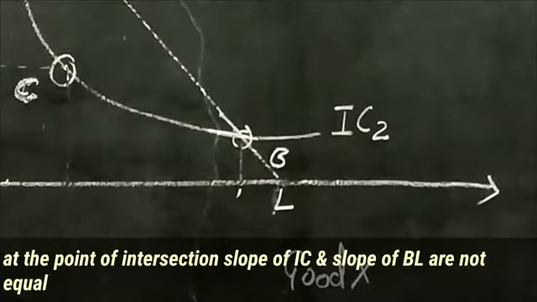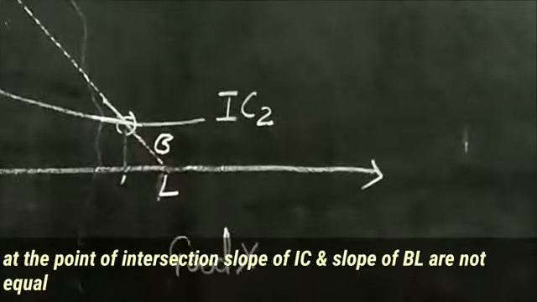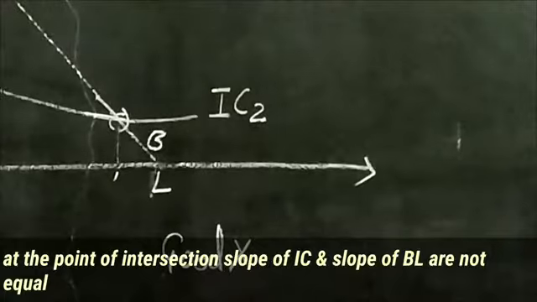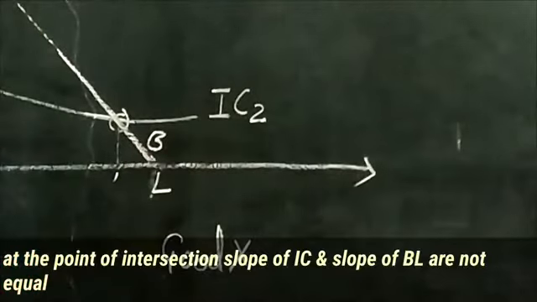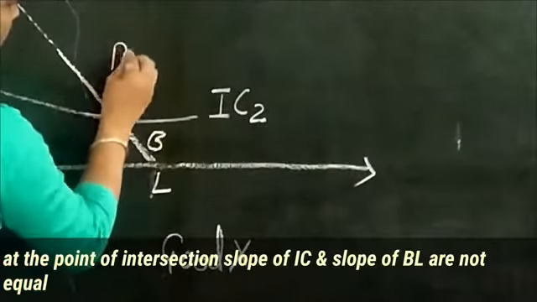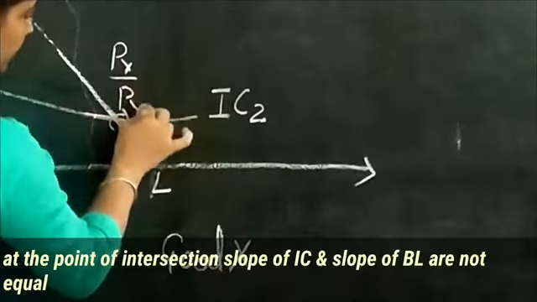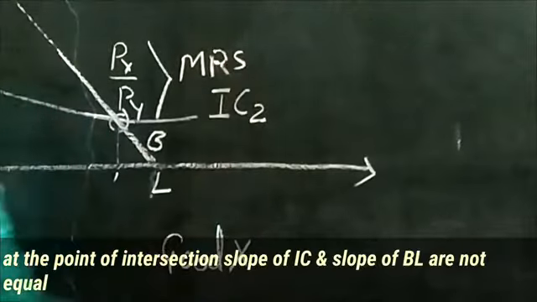At point B, the budget line is falling down fast. The budget line is falling down rapidly or very fast. So the slope of the budget line is greater than the slope of the indifference curve.